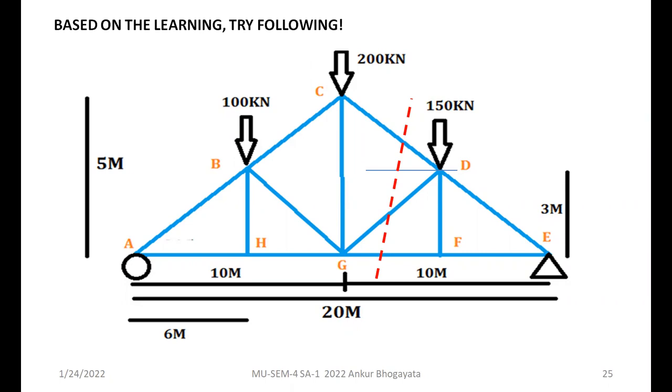I request all of you to do the needful calculations, start working on your own pages, pens and calculators, and try to draw the free body diagram, because we all know that within one or two clicks, you will be in a position to get the value of force FG. Our point of focus is force FG because it is given in the question itself. That's why we are trying to calculate direct forces.